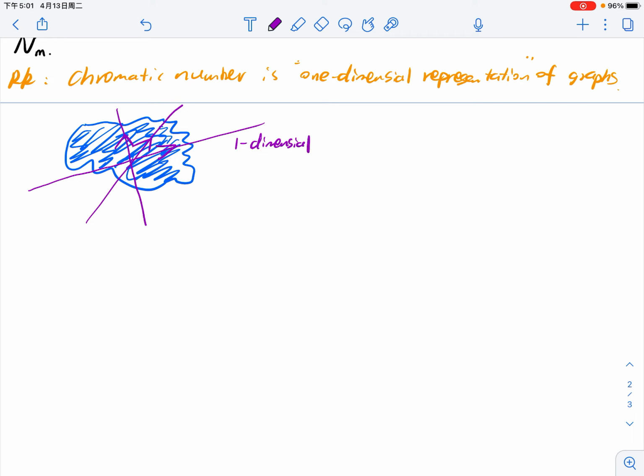After you have some rays passing through the rocks or the field, you have some information. And the chromatic number is one kind of such one-dimensional representation, because the number is an integer, a non-negative integer.